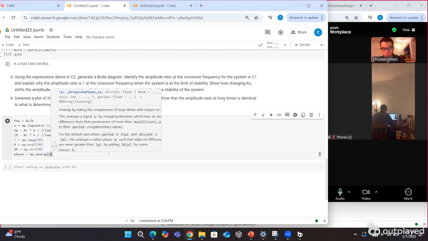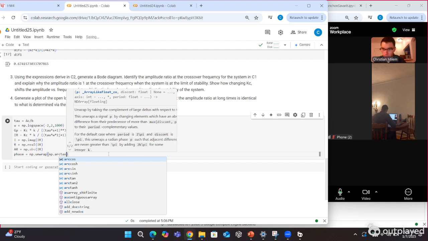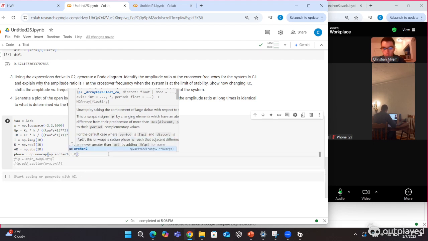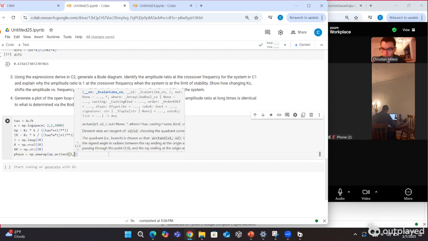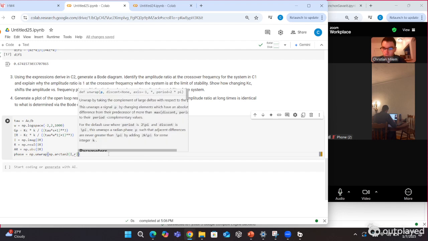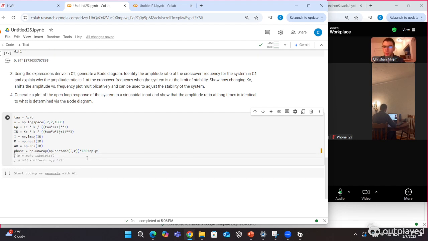And then it's going to be np dot arctangent, like we said, and we'll do arctan2 since that lets us do I over R. And then that's multiplied by our phase lag, or sorry, it's converted, I guess that converts it to radians.